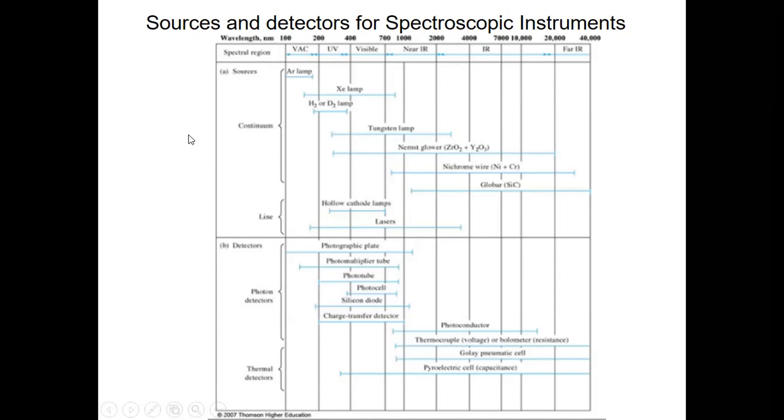And when it comes to sources, you have heard about the xenon lamp, argon lamp, and deuterium lamp, and all these things are familiar to you. For the UV, deuterium lamps and xenon lamps are being used, and hollow cathode lamps, and lasers. Lasers we should pay much attention to, because it is the most used source in Raman spectroscopy.